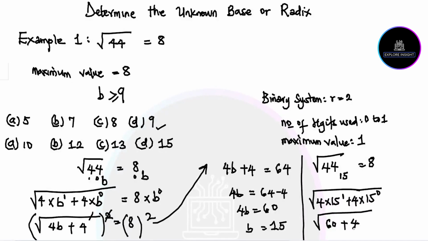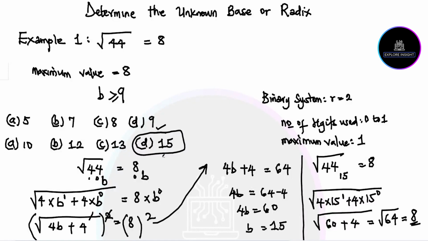The summation is 64, and the square root of 64 is 8. So we can see that base 15 suits this given relation of the square root of 44 as 8. Given the options, we can exactly tell that option D is the answer.